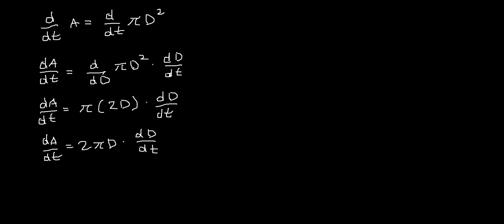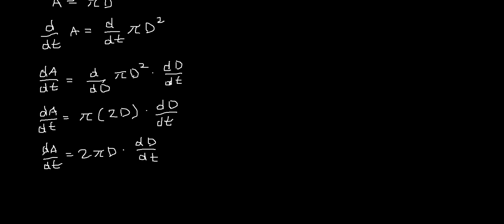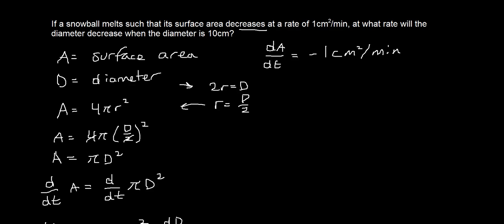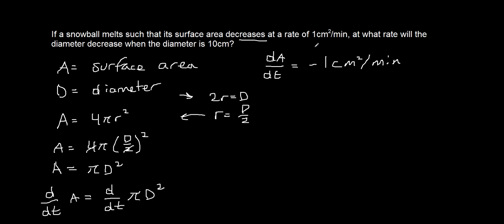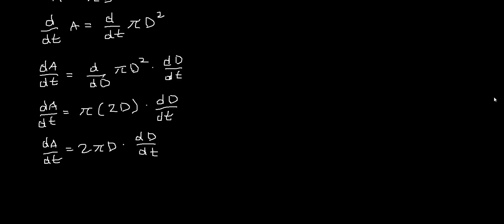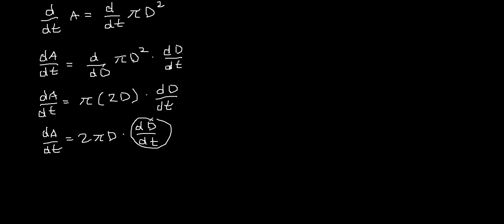Now you actually know what your derivative of the area with respect to time is, right? You know that it's decreasing at a rate of 1 centimeter squared per minute. So you have that right there. What you're actually trying to solve for is the rate that the diameter will decrease at per unit of time. So you're looking for this value here. So we can just solve for that.